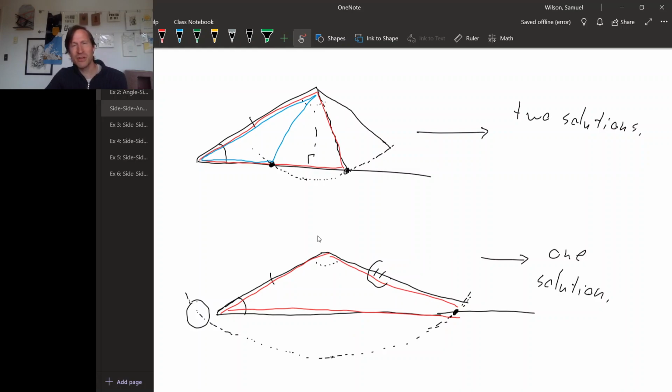The point of going through all these possibilities is not to memorize them, but to point out that you really have to be on your guard in this side-side-angle situation to not miss any solutions and to not accidentally create any solutions by making algebra mistakes. So we'll look at some examples to see how all of this shakes out and how the law of sines creates or denies these various possibilities.